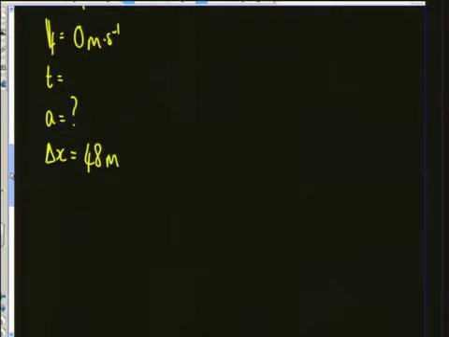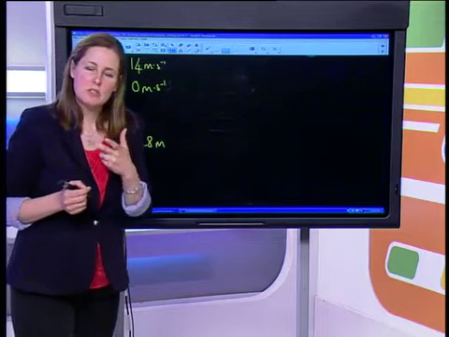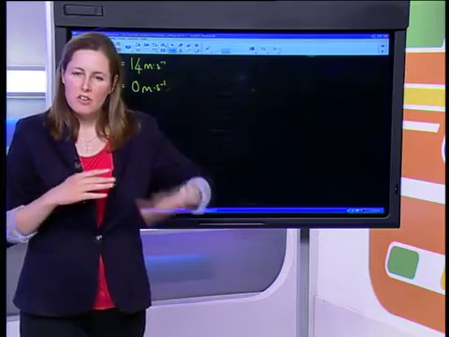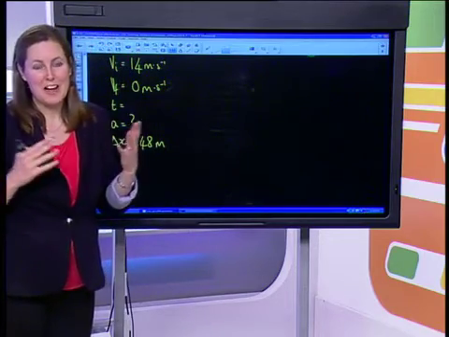Now I can come along and say, okay, which equation will I use? I want to choose an equation that has got everything except time in it. And I recommend that as you write your list of the 4 equations of motion, you write in there which one each doesn't have.